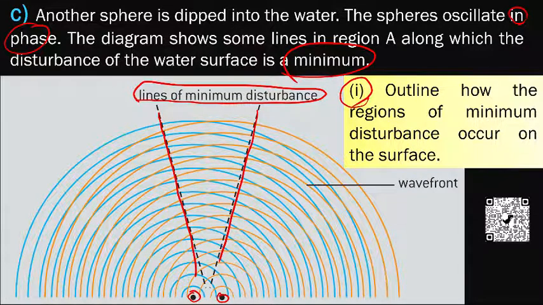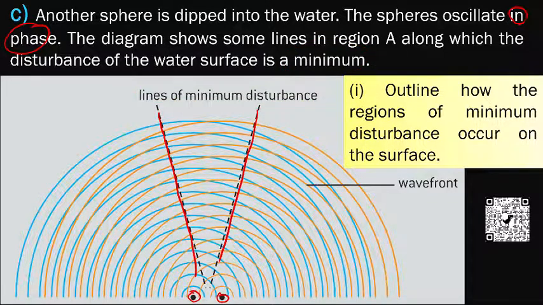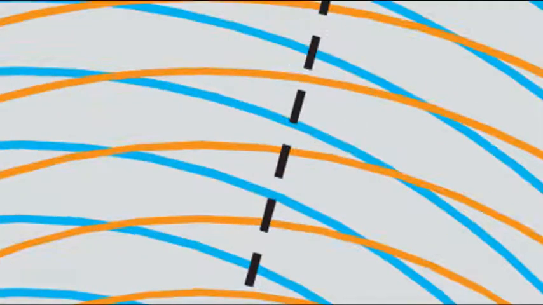Part i. Outline how the regions of minimum disturbance occur on the surface. It's easily justified by destructive interference. Let's go closer. Here you see, for example, these blue lines. Suppose that this blue line or blue curve is the crest of one of the sources.